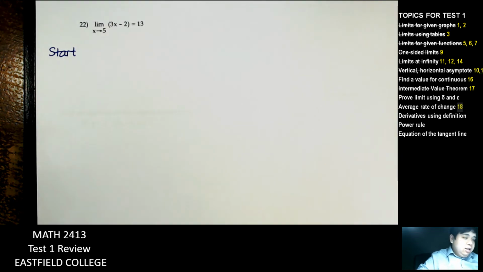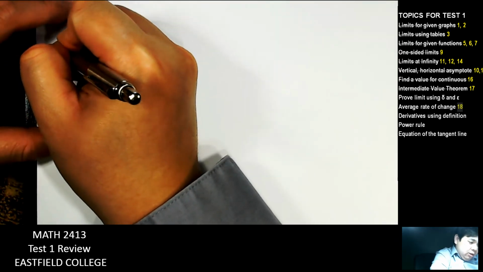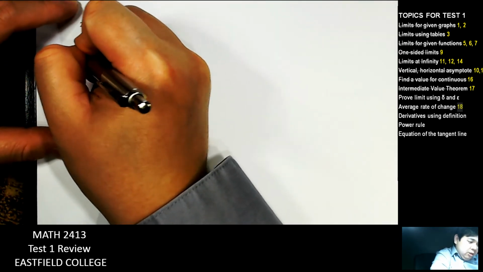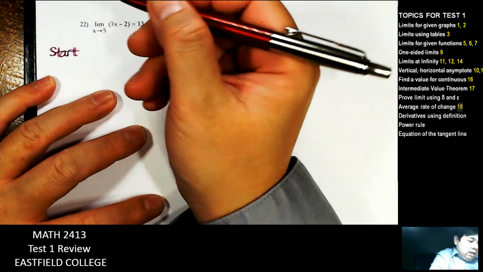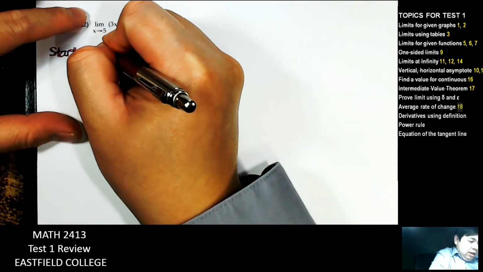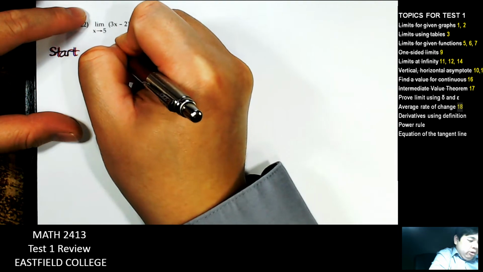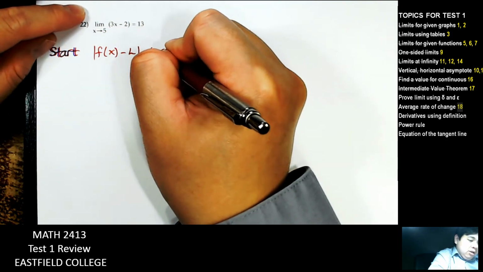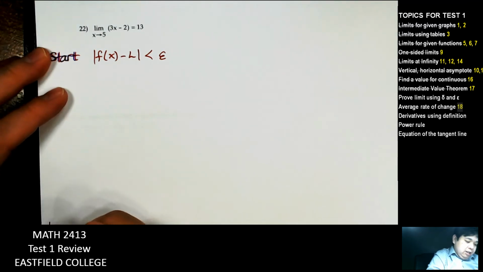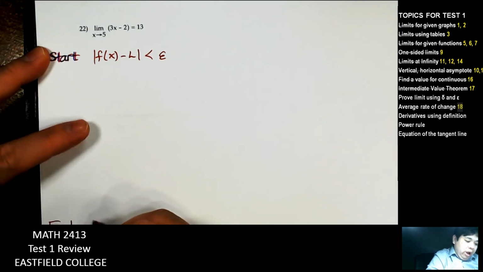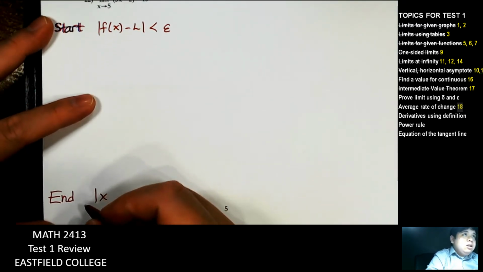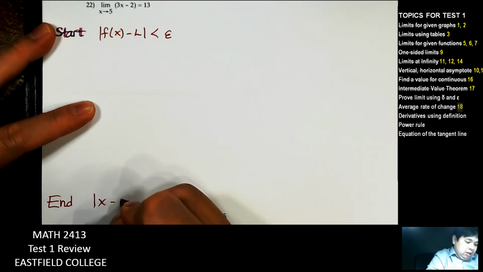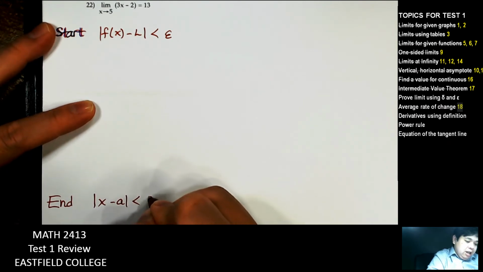We start with the distance from the function to L being less than epsilon, and at the end we will have x minus a less than delta.